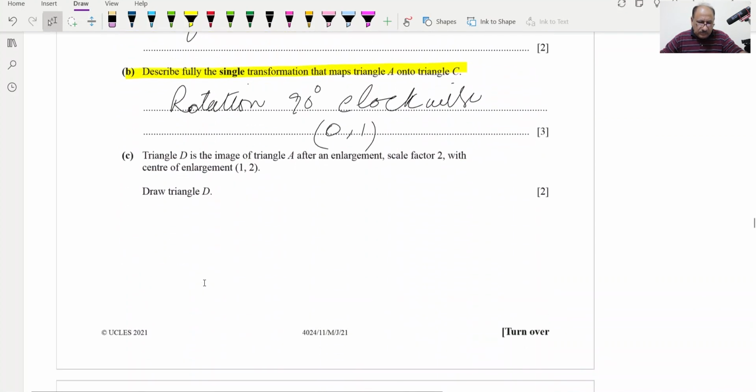And next they're saying triangle D is the image of triangle A after enlargement, scale factor 2 with center of enlargement (1, 2).